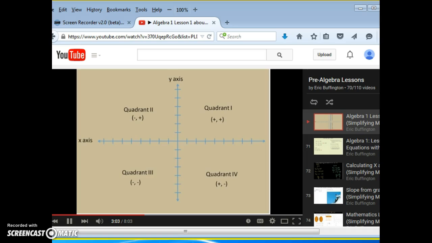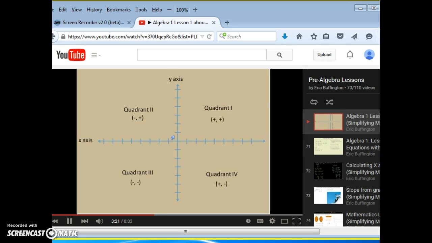Speaking of positives and negatives, it kind of brings us into talking about quadrants. The quadrants are 1, 2, 3, and 4. And in this upper quadrant, number 1, all the x values will be positive and all the y values will be positive because it's to the right and up.